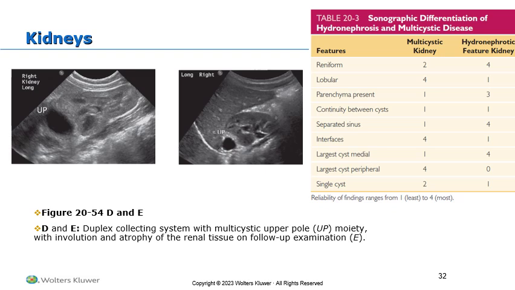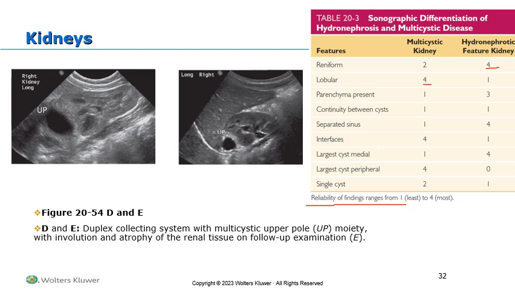Now, this chart I hesitated to include because it's a little bit confusing, but if you read down here, it shows reliability of findings, where 1 is the least reliable finding and 4 is the most reliable. A reniform cyst is a pretty reliable finding for a hydronephrotic kidney. A lobular cyst is a pretty reliable finding for a multicystic kidney.